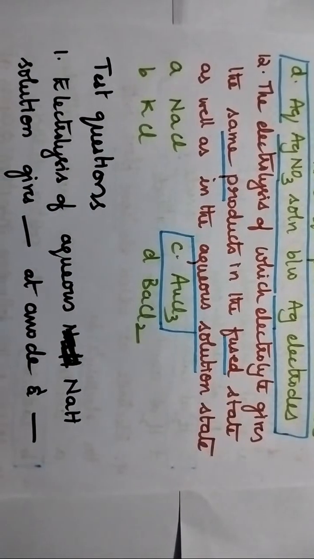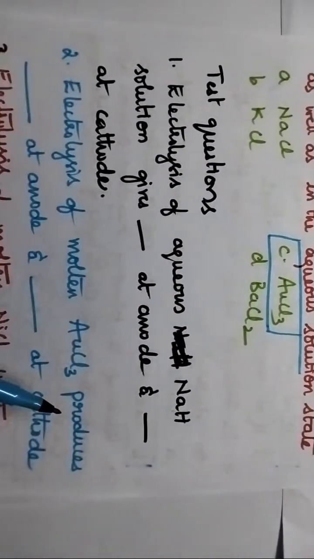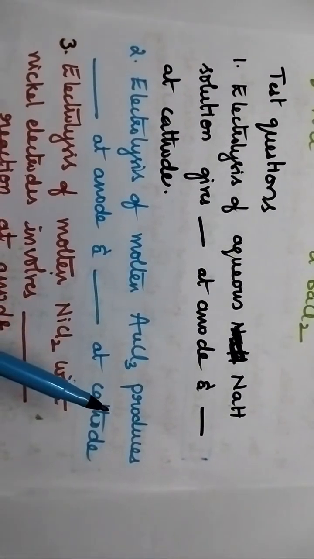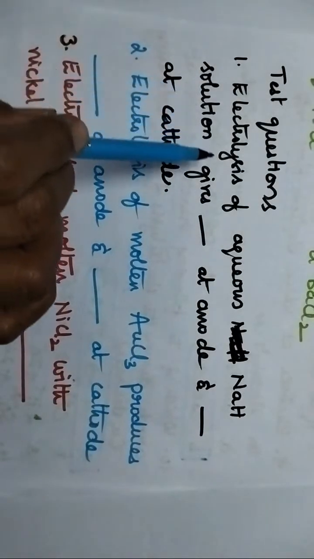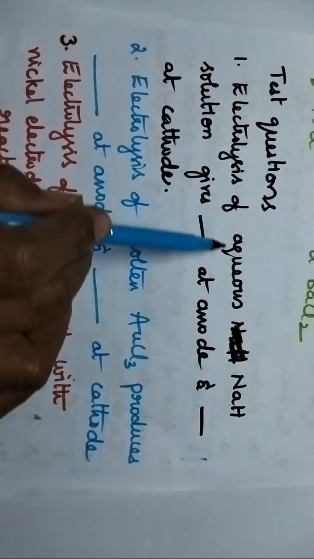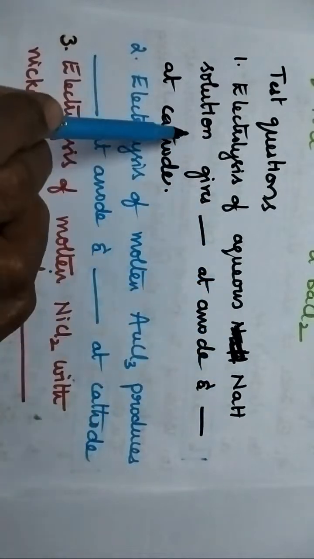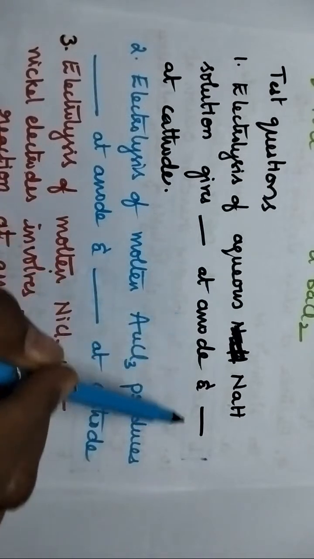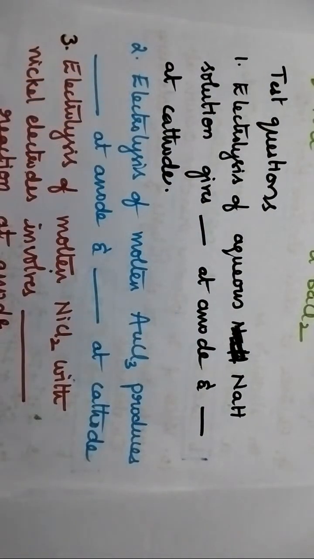Before concluding the session, I wish to give 3 test questions. If you know the answer, you just comment. Okay, first question: electrolysis of aqueous NaOH solution gives dash at anode and dash at cathode. That is the first test question.